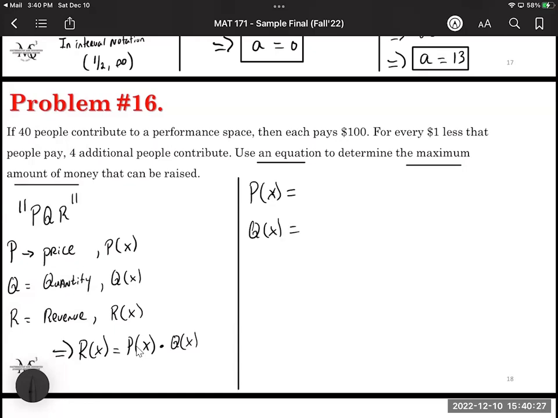I write the price and quantity simultaneously. So for our price function, if you read that first sentence, it gives you your initial values. It says if 40 people contribute to a performance space, then each pays $100. So what is my initial price?